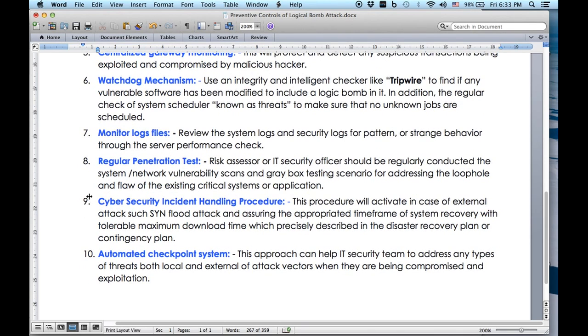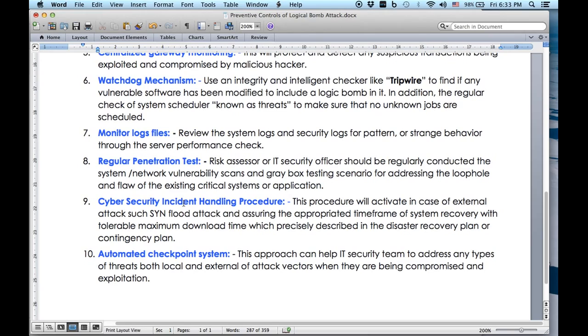So the next is the cyber security incident handling procedure. This procedure can support the crisis in case of an external attack, for example DDoS, worm, or Trojan, or whatever is involved with the internal attack vector, or the SYN flood attack.